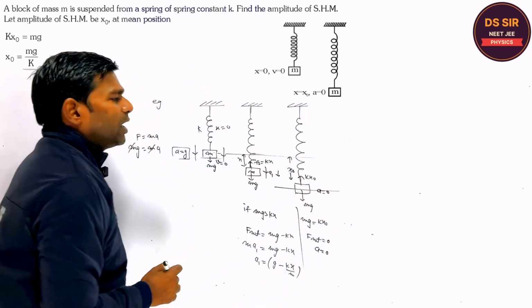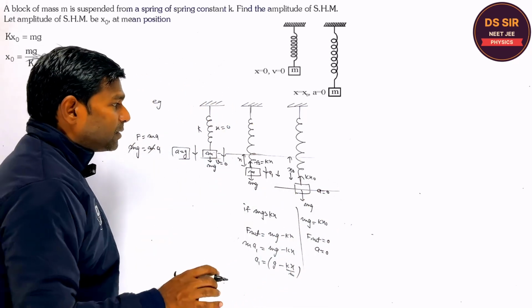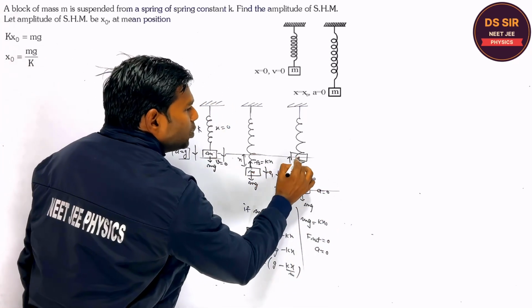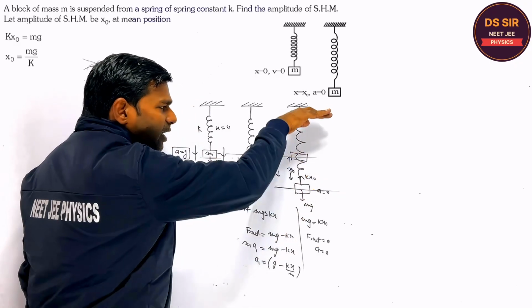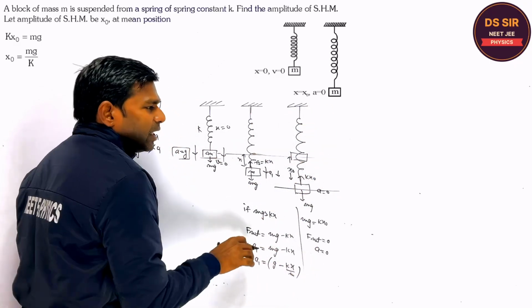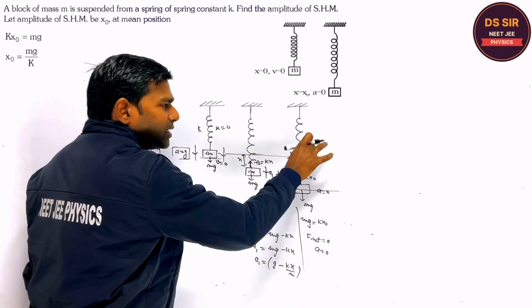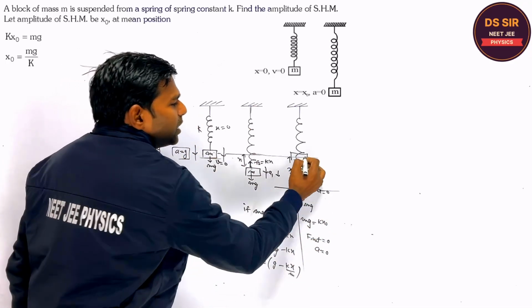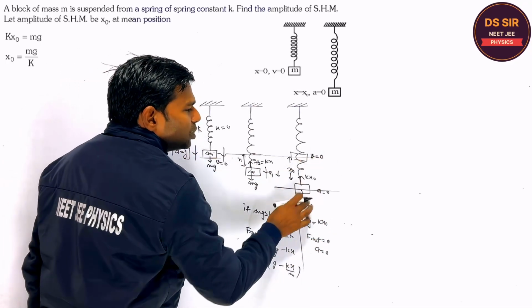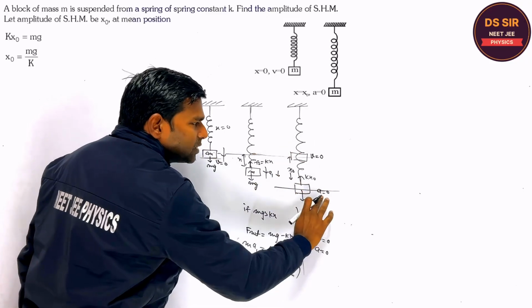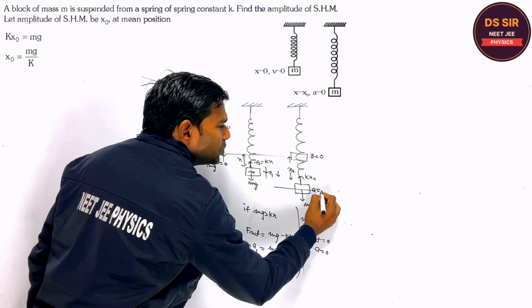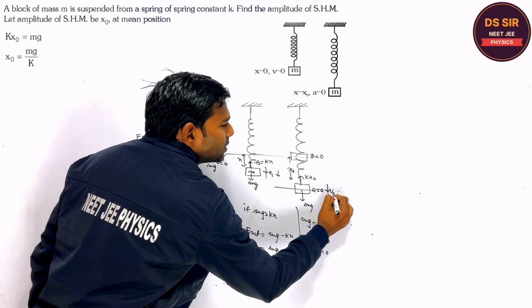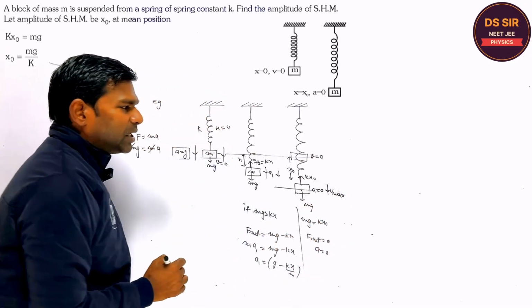Are you getting or not? But from this point to this point, mg is greater than kx, so the acceleration is downward and the velocity is continuously increasing. Here the velocity was 0 and it will continue to increase. The acceleration becomes 0 at this point, but the velocity is maximum. Are you getting or not?